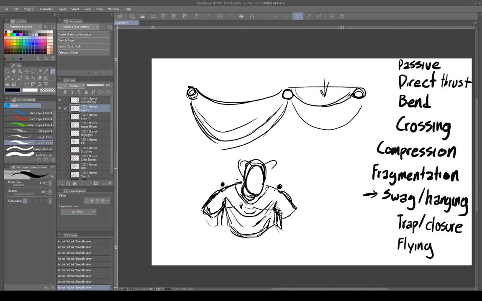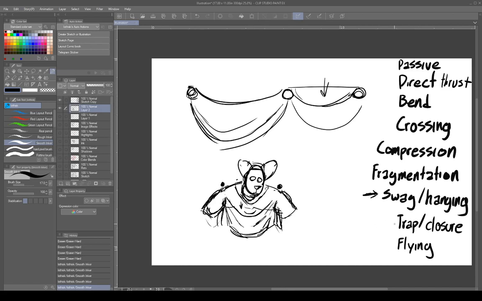Just do whatever. Clothe your furries however you want. But those are swags or hanging wrinkles, whenever you've got two anchor points, and they're not necessarily in competition.